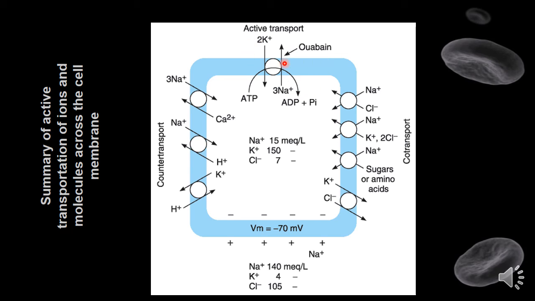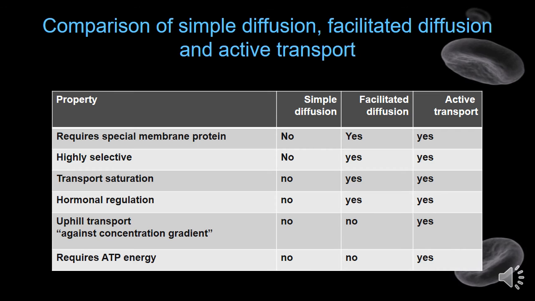So this is the sodium potassium pump. This one is sugar and amino acid co-transportation. This one is sodium hydrogen counter transportation. This is potassium calcium counter transportation, and other transporters which are important in the cells.